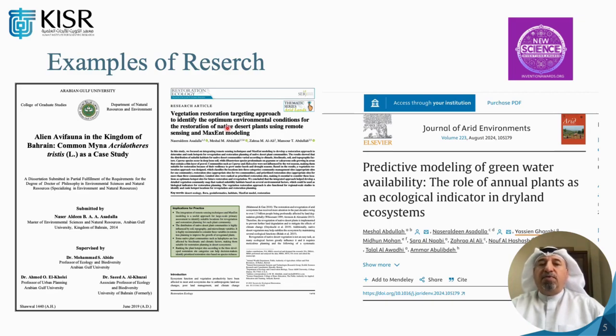From that, we used maxent to predict some important native indicators, such as green water availability in annual plants. It is a very critical element for the survival of many wildlife species in the state of Kuwait.